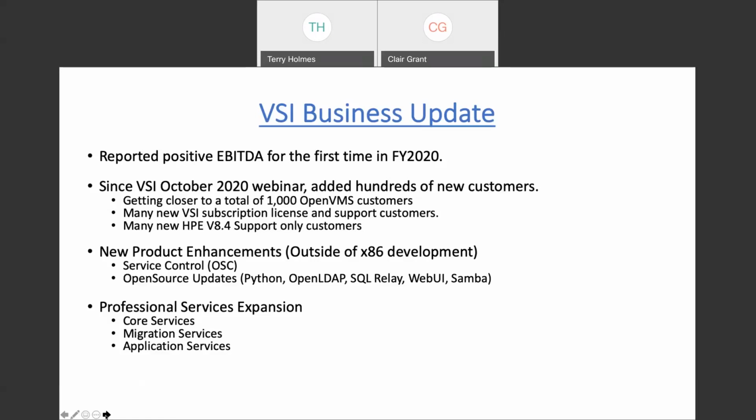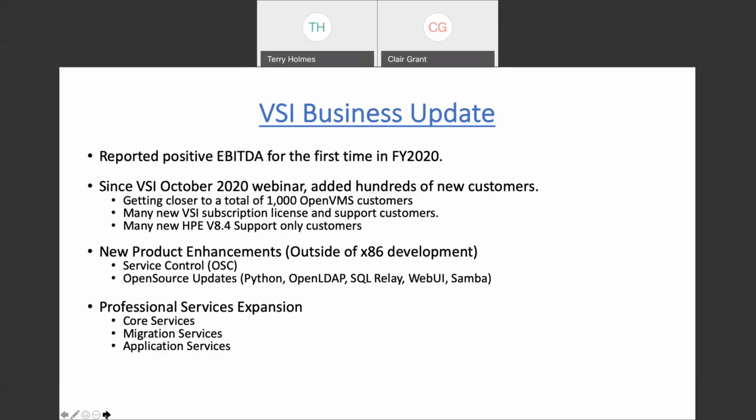First of all, our parent company, TerraCloud Corporation, has invested, as we've said before, tens of millions of dollars in acquiring the rights to allow VSI to develop new products and services.